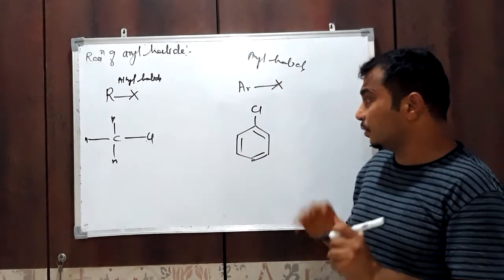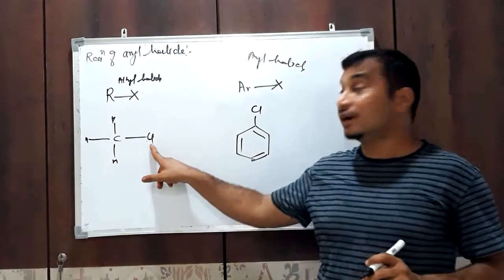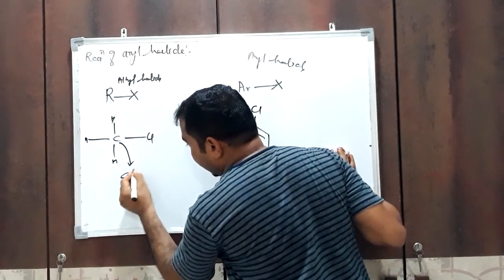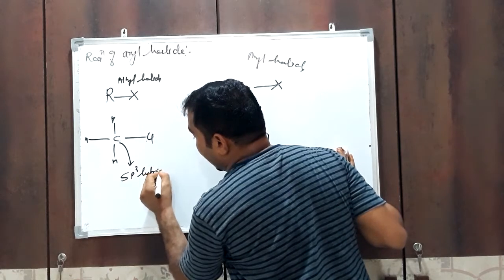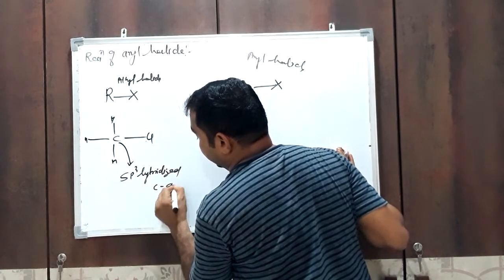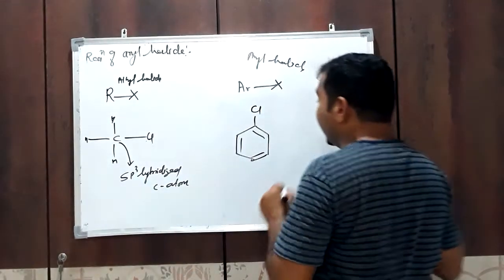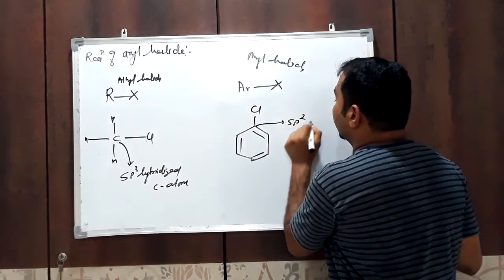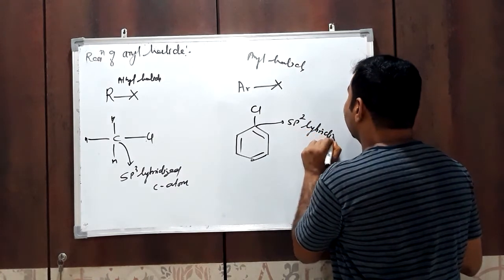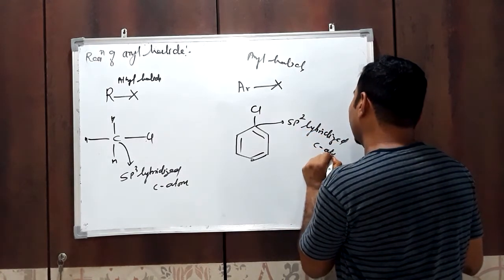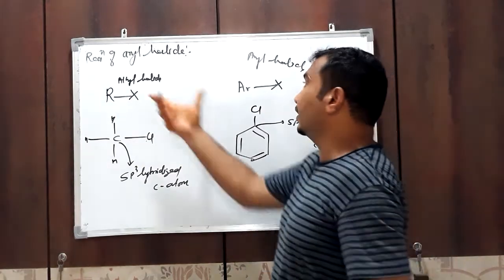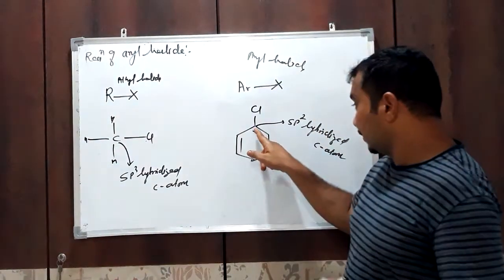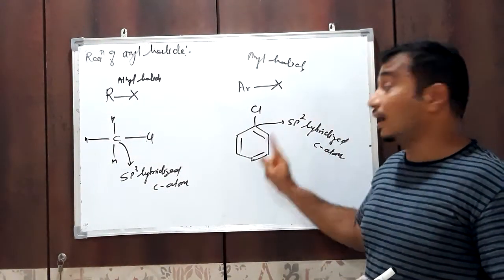A very important, very basic difference here: in alkyl halide, the halogen atom is attached to an aliphatic, sp3 hybridized carbon atom. That is the basic difference. And here this halogen atom is attached to an sp2 hybridized carbon atom. This carbon atom is an aliphatic carbon and here this carbon is an aromatic carbon atom.